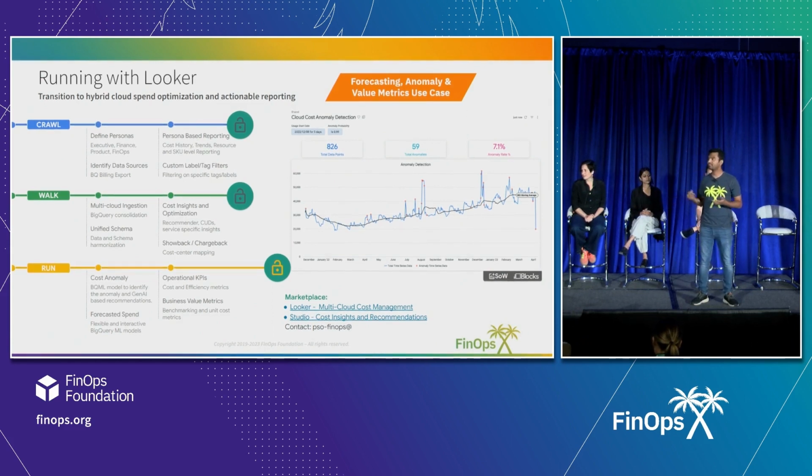So acknowledging the fact that, yes, that is going to be a challenge as we come out with more and more SKUs and more capabilities from a tagging and labeling perspective, but at the same time, from a business perspective, you all know how to allocate your cost from a proportional allocation perspective, and things of that nature. So that's where you see things come together from a crawl, walk, run perspective.